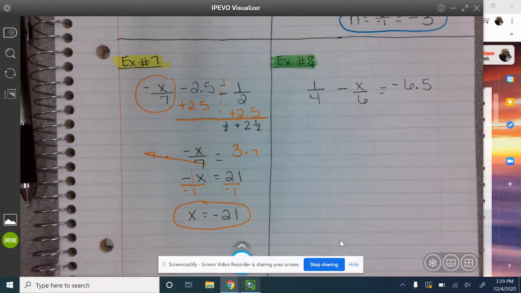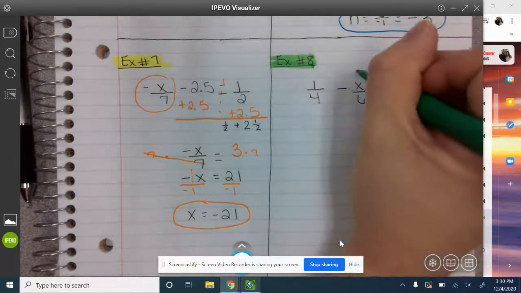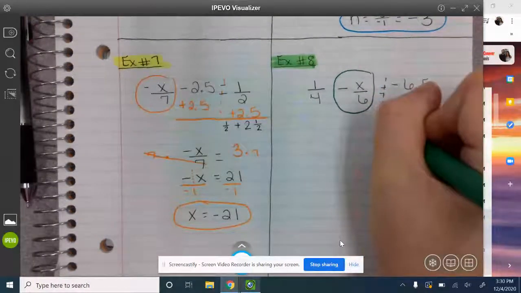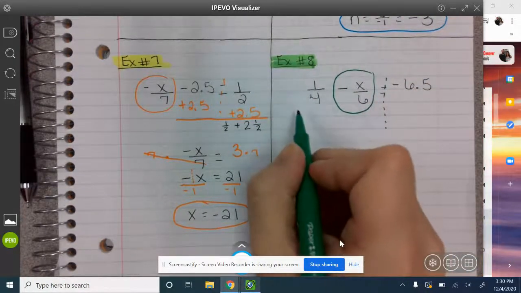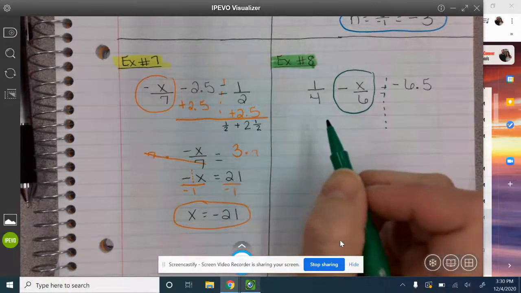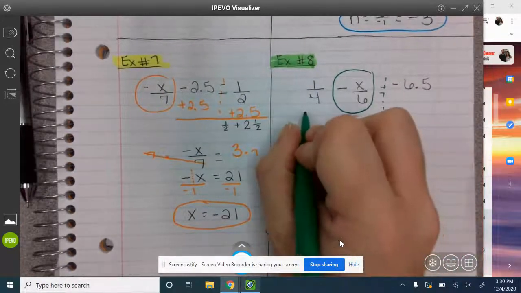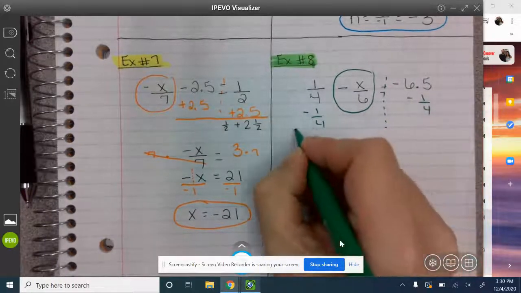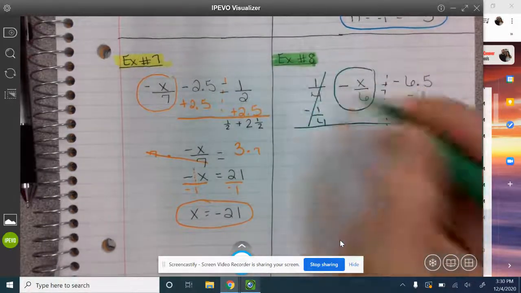All right, you have made it to our last equation with fractions. We have 1/4 minus x divided by 6 equals 6.5. So I want negative x divided by 6 by itself at the very end. So how do you undo positive 1/4? Or how do you kick out a positive 1/4? You're going to subtract 1/4. Those cancel out.